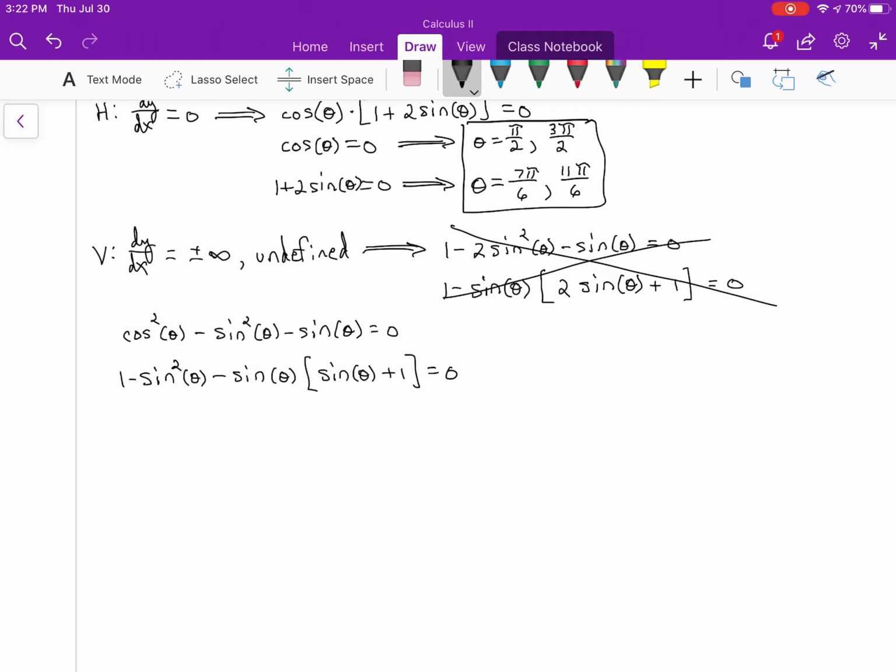So far, so good. And then I see that this 1 minus sine squared can actually be viewed as a 1 minus sine of theta times a 1 plus sine of theta.